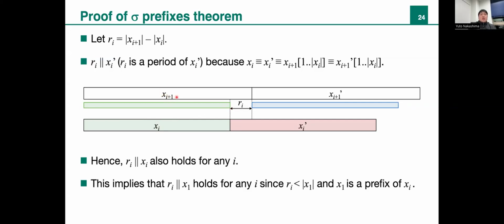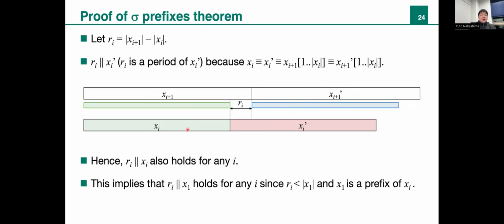And x_{i+1} and x_{i+1} prime are also parameterized equivalent. So this green prefix of x_{i+1} and this blue prefix of x_{i+1} that has the same length as xi are parameterized equivalent.